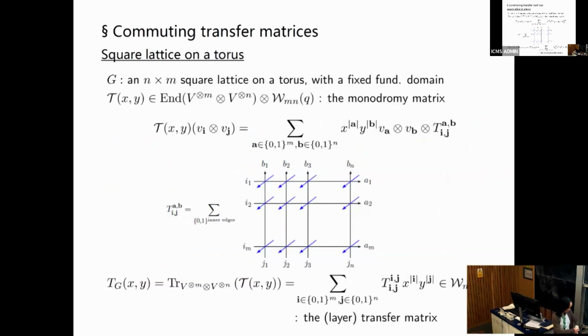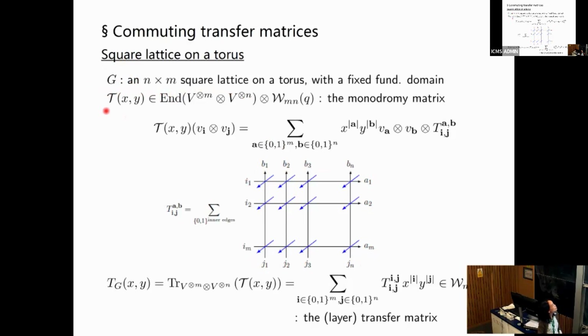So next, I'd like to construct commuting transfer matrices. So first, I start with a square lattice on the torus, and we define a monodromy matrix in the following sense. So let G be an M times N square lattice like this on the torus. So we fix a fundamental domain like this now.